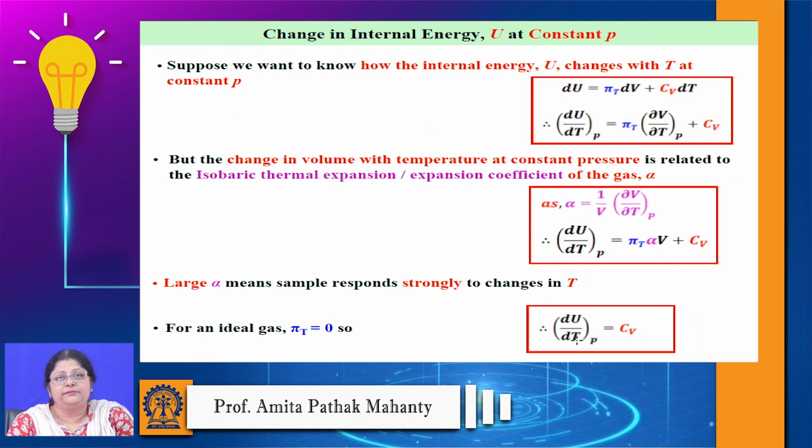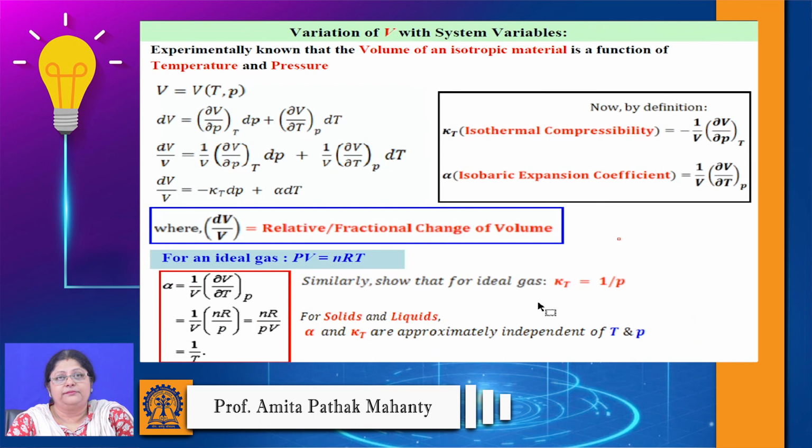For that, internal energy change with temperature at constant pressure is nothing but the measure of the Cv of the system. Similarly, you can find out, you take volume as a function of temperature and pressure and try to evaluate in terms of the kappa and the alpha by total differential and then replacing.